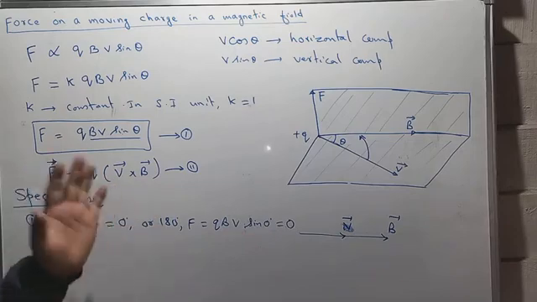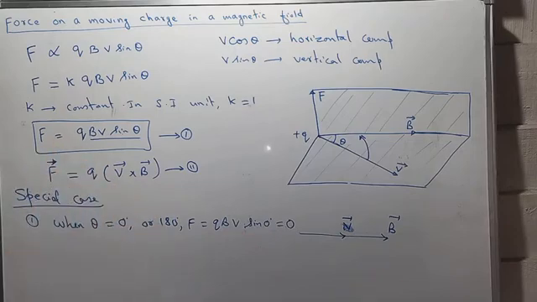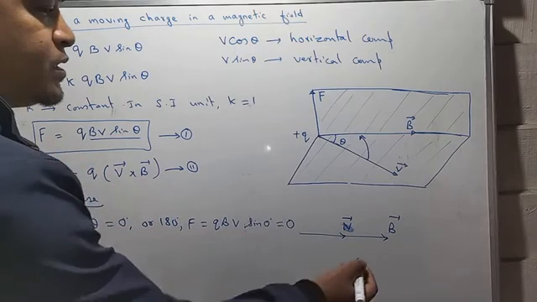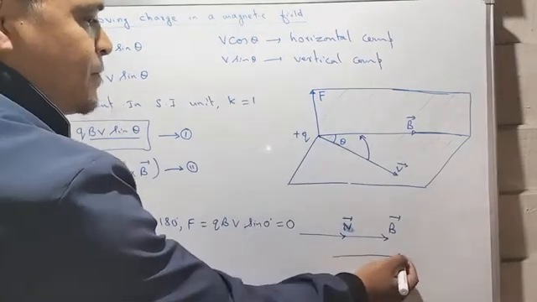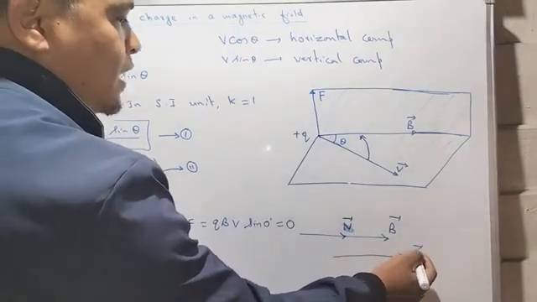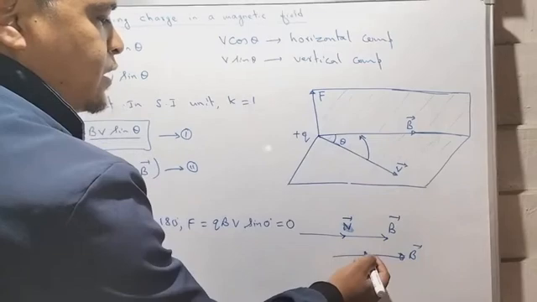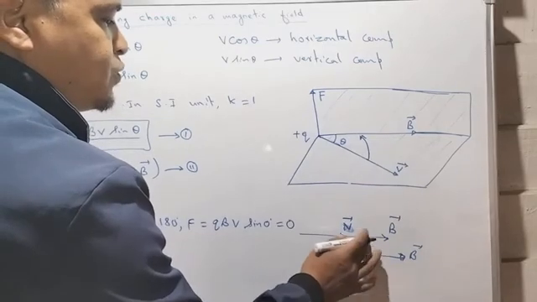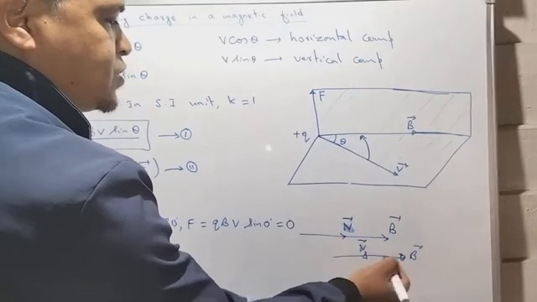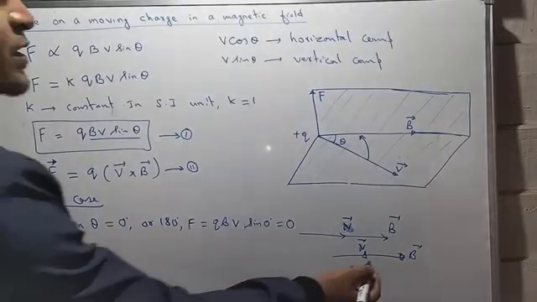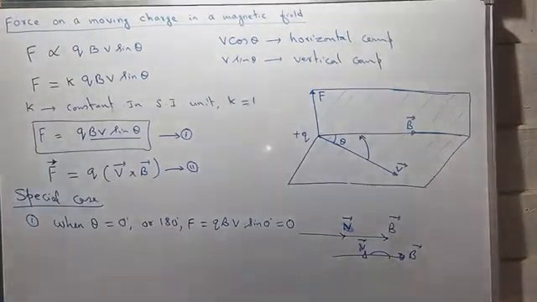Similarly, when theta is equal to 180 degree, if this is my magnetic field acting in this direction, then let's say a charge is moving opposite to it. That means the velocity is opposite to B. So in that case, the angle between them is 180 degree.